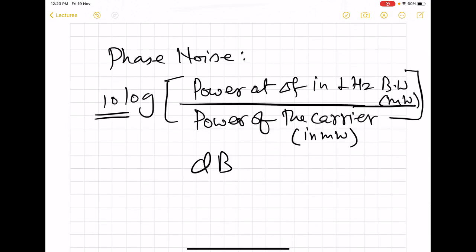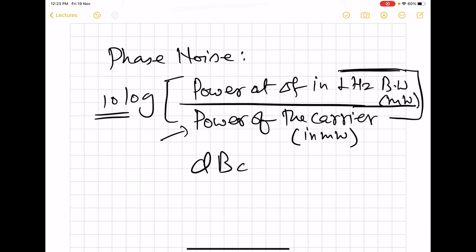So we are basically talking about the ratio of the two powers, but the second power, the power with respect to which the power in the offset is being specified, is of the carrier. So that is why we say that its unit is going to be dBc. So dB with respect to carrier, and for the numerator we calculated the power in 1 hertz bandwidth.